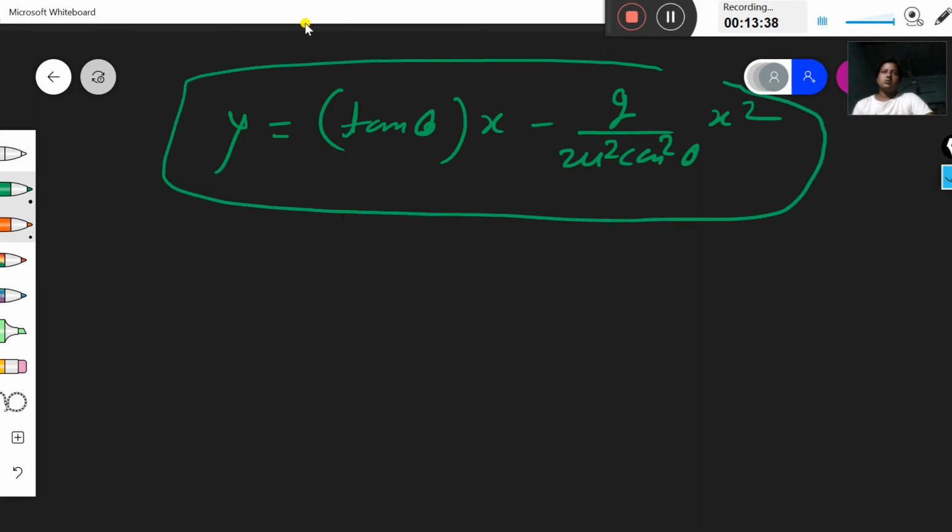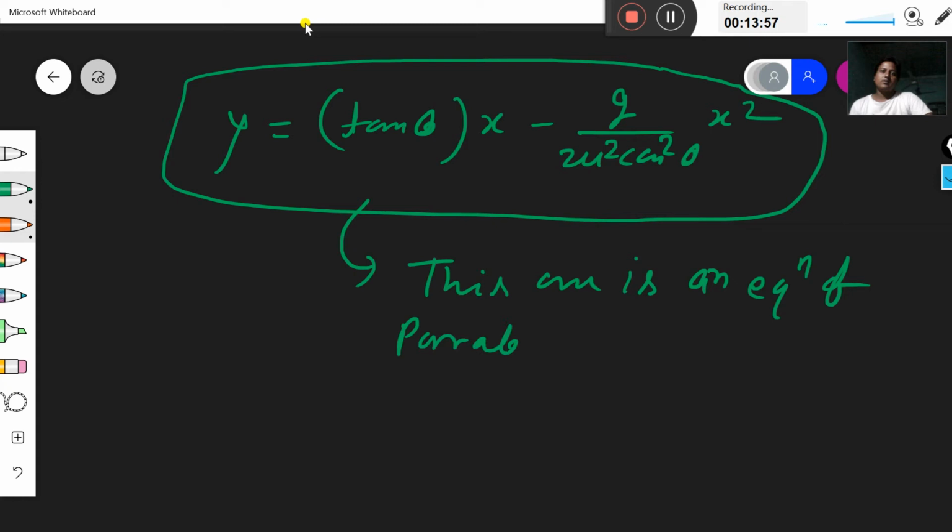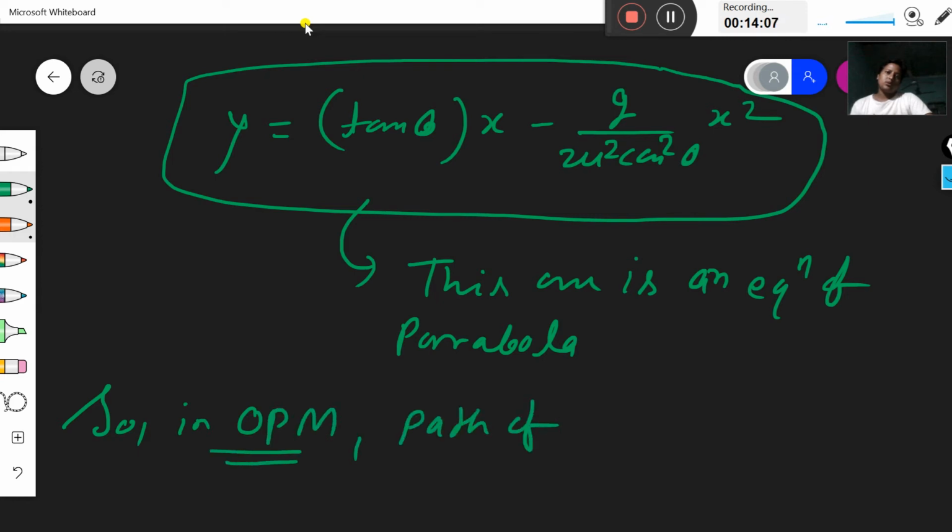This one is an equation of parabola. So in oblique projectile motion, path of projectile is parabolic in nature.